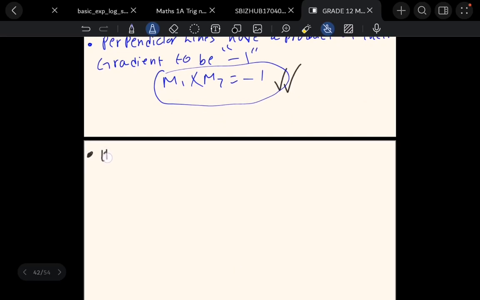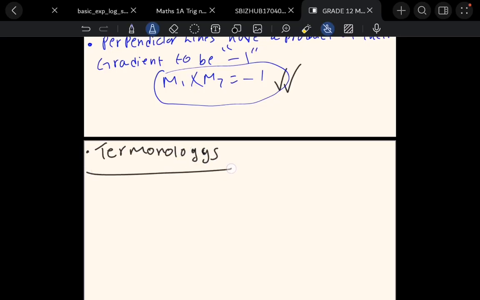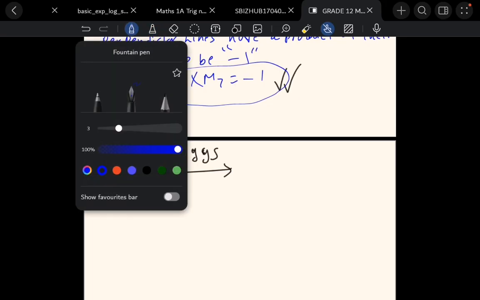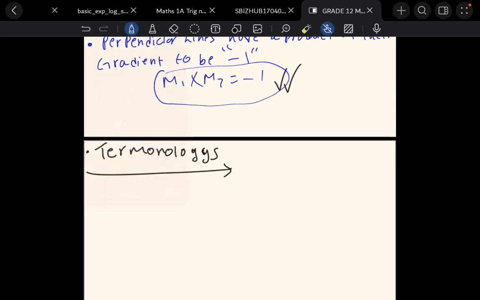The terminologies. The first word that you need to understand here is the word bisect.